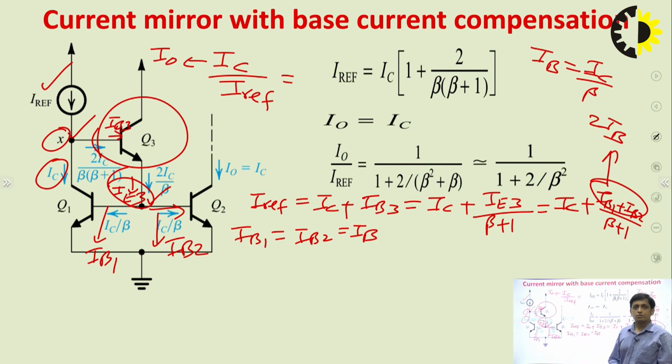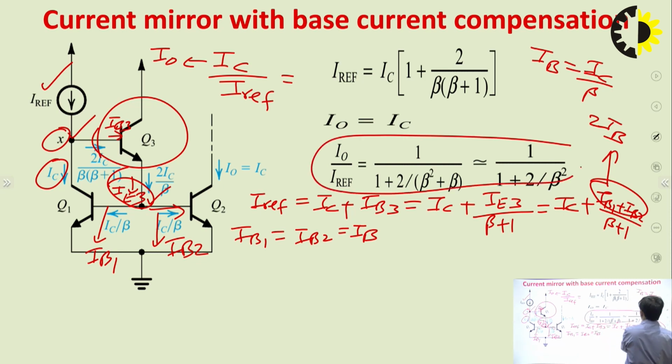Simply apply KCL at node X, use the basic equations which you have already studied in basic electronics, and find the relation between I0 and I reference. After solving you will get I0 upon I reference equal to 1 upon 1 plus 2 by beta square.